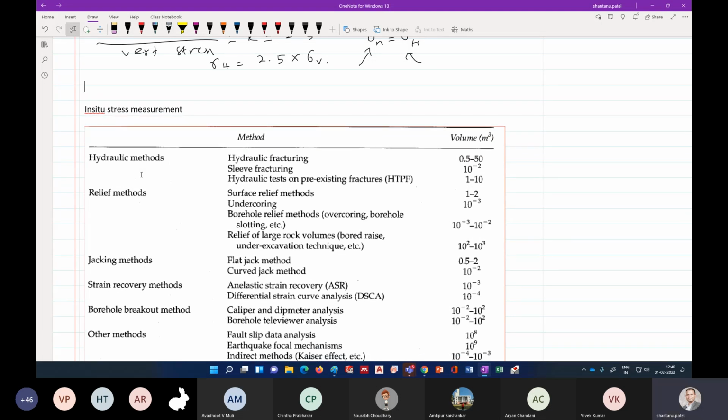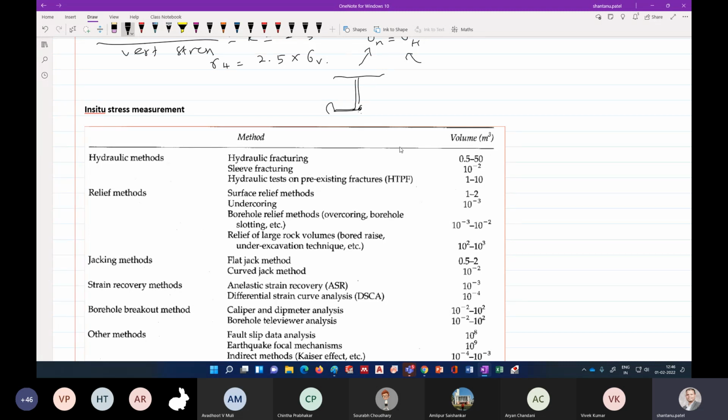So now, there are different ways to get this in situ stress, or in situ stress measurement. Mostly what we do is drill a hole. Let's say our project is somewhere here, and somehow we go here and drill a hole, either vertically or by making a drift and drilling a hole, and do the test here. There are different types of tests.